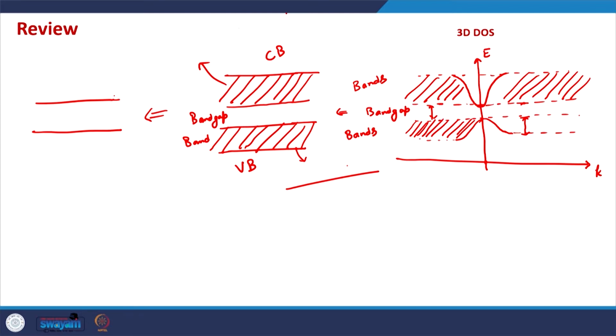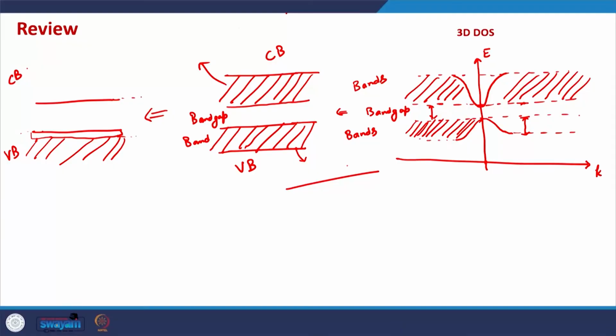Because in the valence band most of the electronic states are filled, apart from some states near the top of the valence band. So if this is the valence band and this is the conduction band, most of the electronic states are filled, which means electrons exist for most of the energy values up to this value, but only a small range of energy values where electrons do not exist, which means those electronic states are empty.